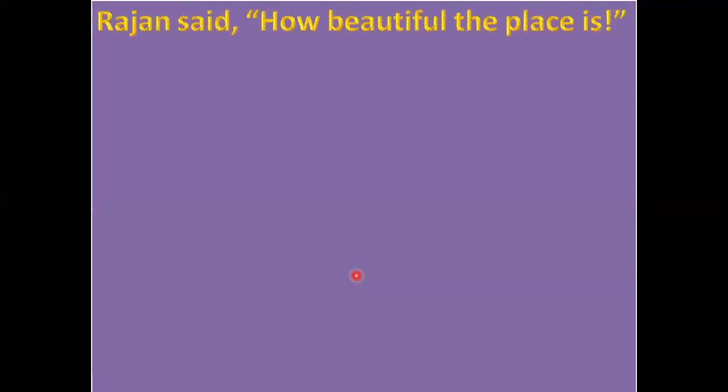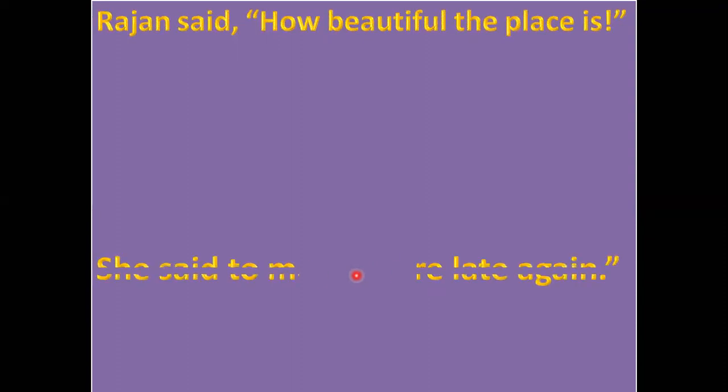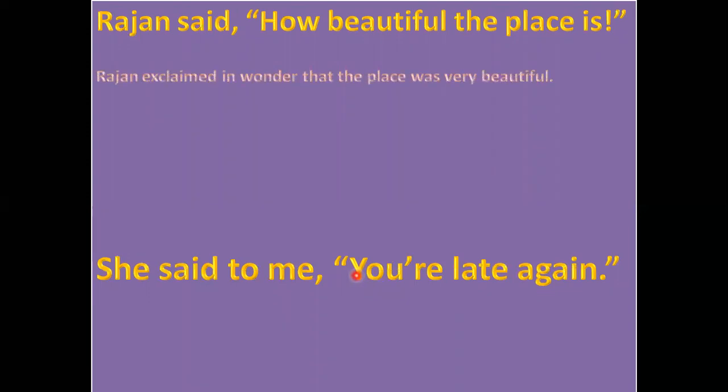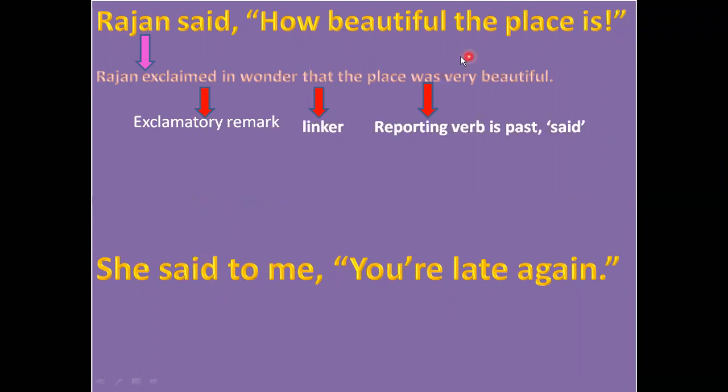You can see two more sentences in front of yourselves. So if we are changing these sentences from direct to indirect speech, once again we will come across the same changes. Yes, exclaimed in wonder is the exclamatory remark, that is the linker, and why was, because the reporting verb in the direct speech is past.